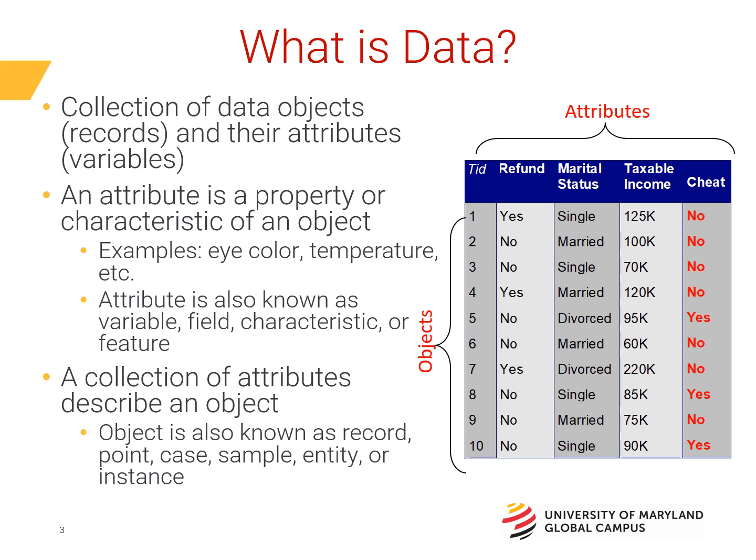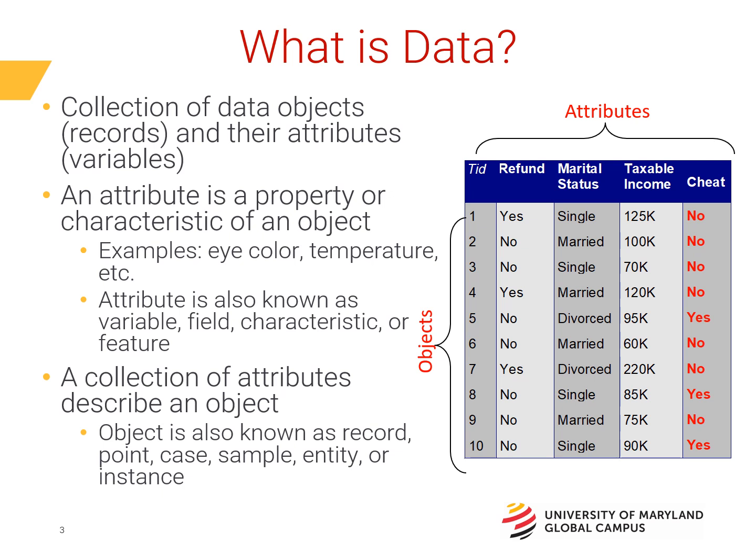It is also called variables, field if you come from a database environment, characteristics or feature. Feature is the popular machine learning term used for variables. And the collection of attributes describes the object. So let's say you have 10 attributes explaining the object, collectively those 10 attributes in that data set explain or describe each object.